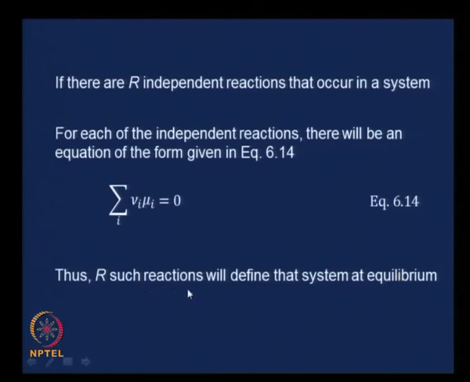Thus, such reactions will define the system at equilibrium. Therefore, for a multi-reaction system also the condition for equilibrium remains the same, but we will have as many such equations as there are reactions that specify the equilibrium. We will stop here, and when we start the next class we will continue with other aspects of reaction equilibrium.